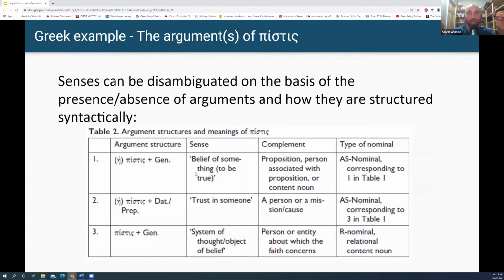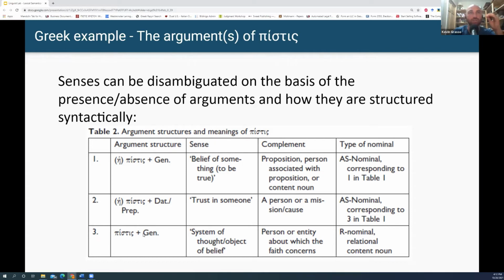And this is exactly what I'm saying here. When you have pistis plus a genitive, it means something, belief of something to be true. When you have pistis plus the dative or a preposition, it means something else. When you have pistis without anything, or with a different kind of genitive, it can mean something different.